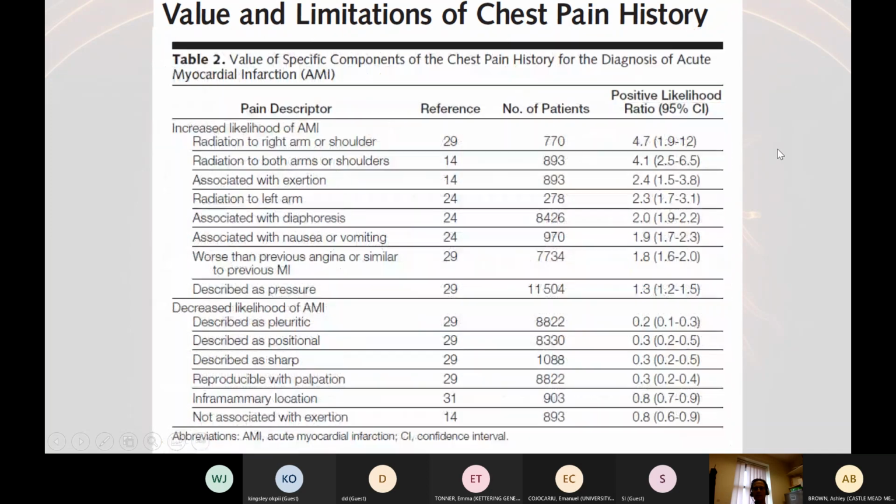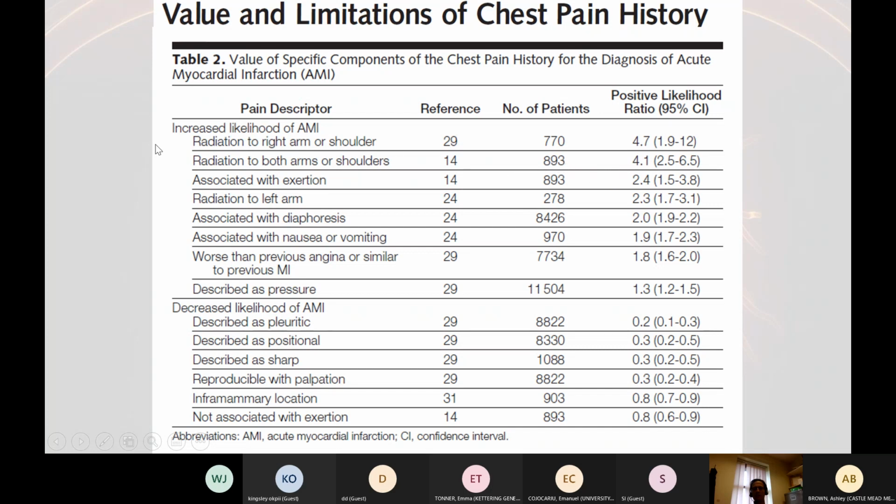And that found some useful things. One was that radiating to the right arm doesn't make it less likely to be cardiac. Actually, it makes it more likely. Or radiating to both shoulders or arms can make it actually more likely, but it's much less common.